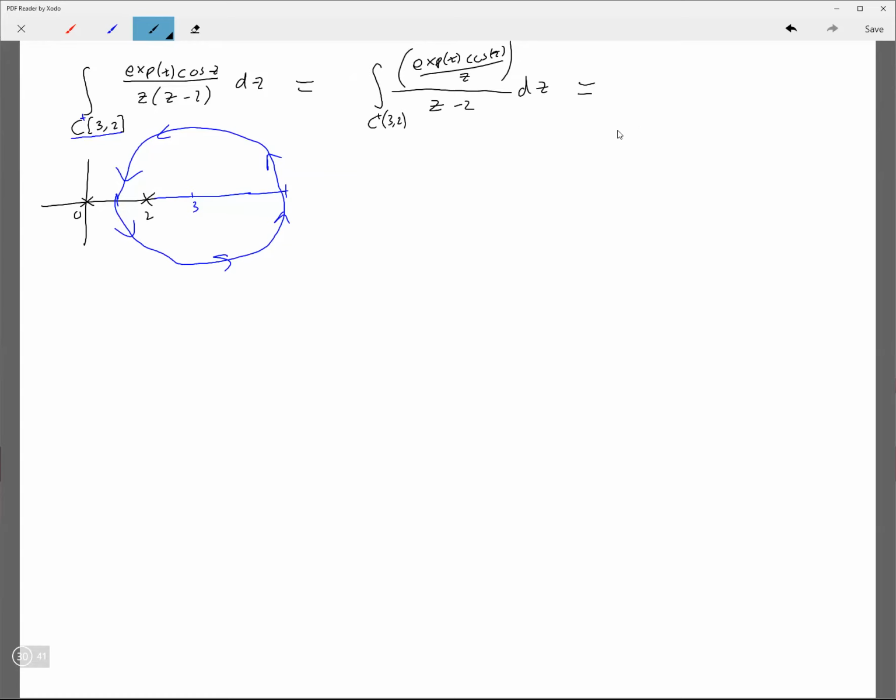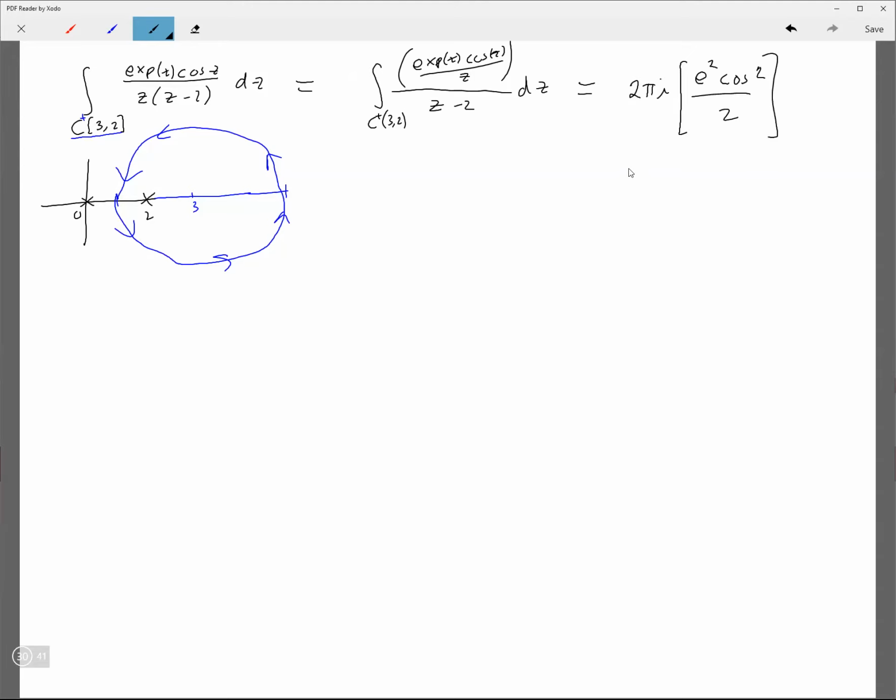And so what's the integral going to be here now? 2 pi i times e to the 2 and cosine 2 divided by 2.